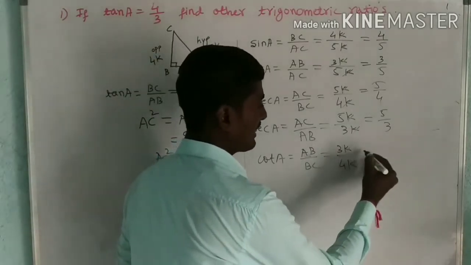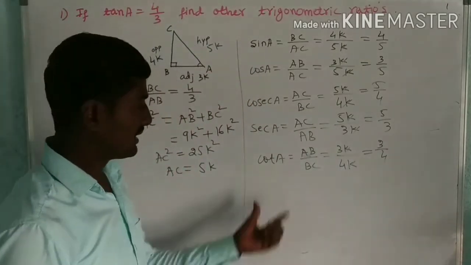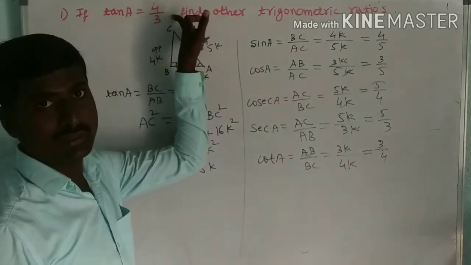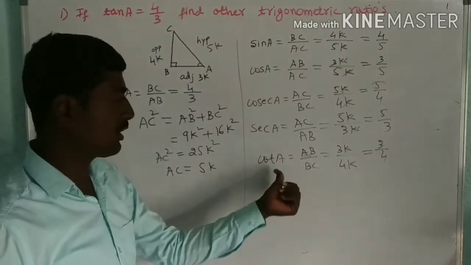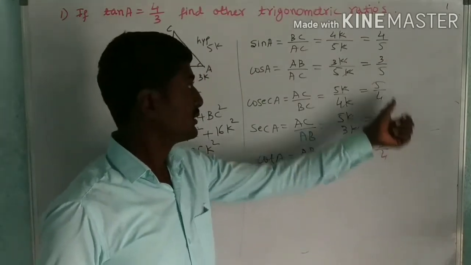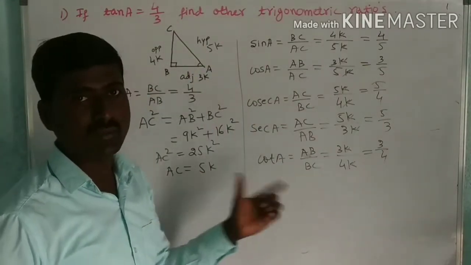Now k will get cancelled. Remaining is 3 divided by 4. Here also directly I can write 3 by 4 because tan A I am getting as 4 by 3. Reciprocal of tan is cot. So these are 5 plus 1, total 6 trigonometric ratios we have written here.